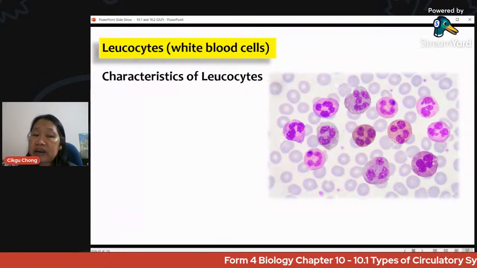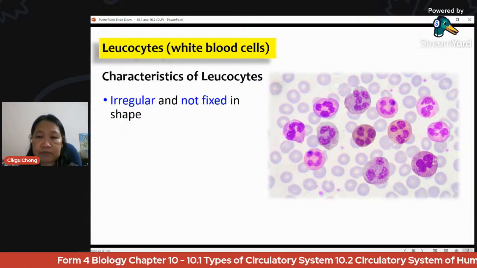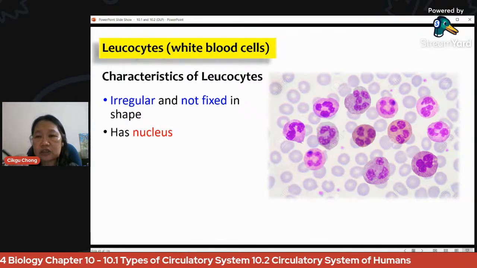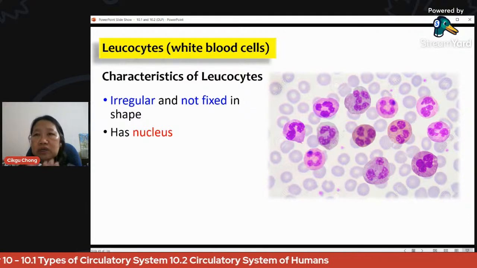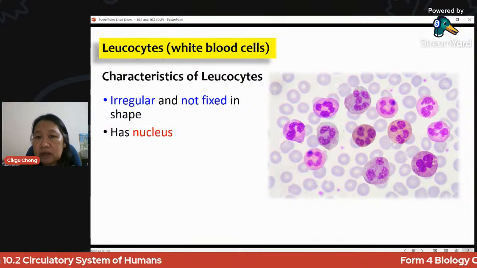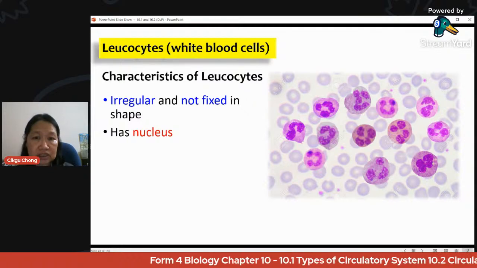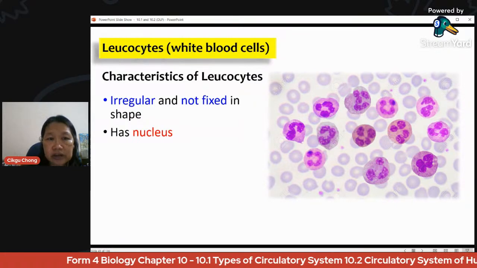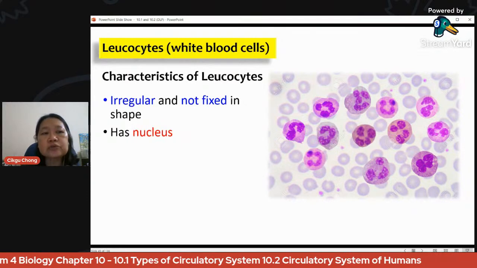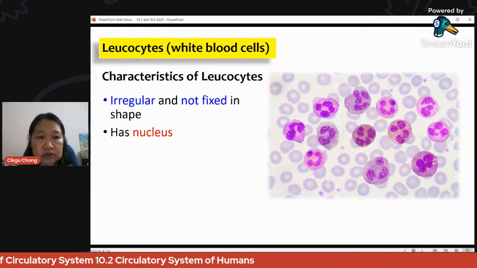First of all, the characteristics of leukocytes. They are irregular in shape, not fixed in shape, so that makes it easier to squeeze through the blood capillary and enter the interstitial fluid, the space between the cells. They have a nucleus, which is quite prominent, quite large and easy to see.